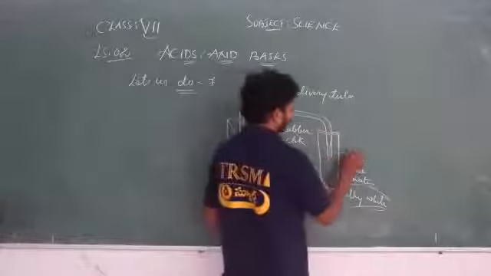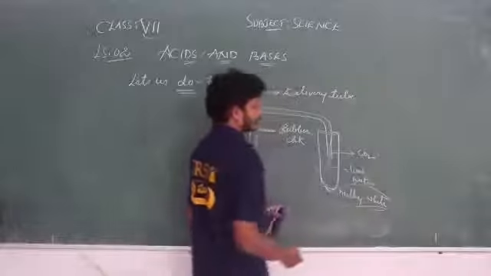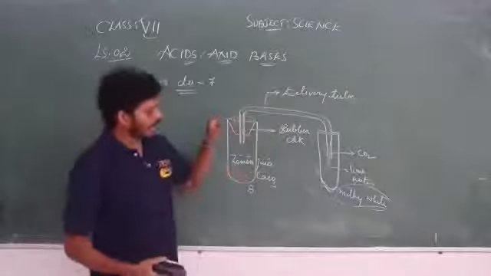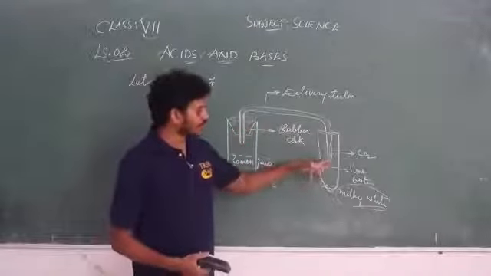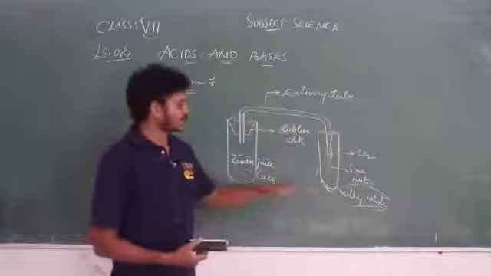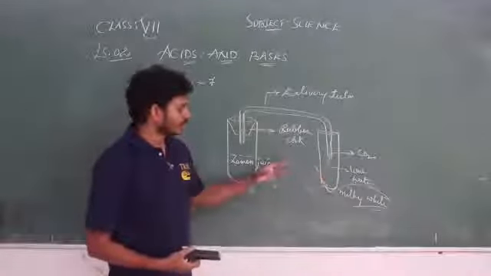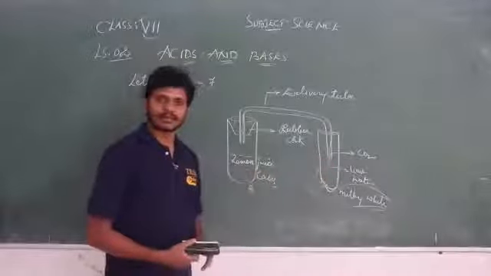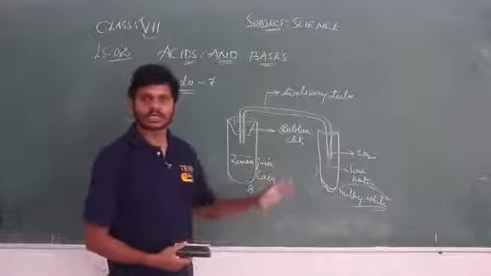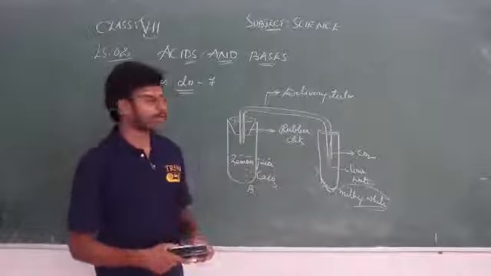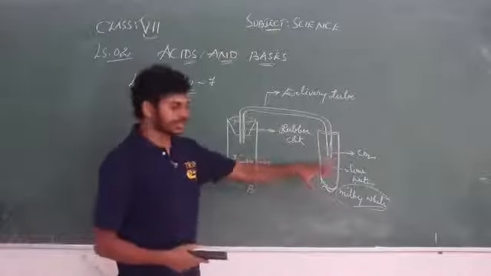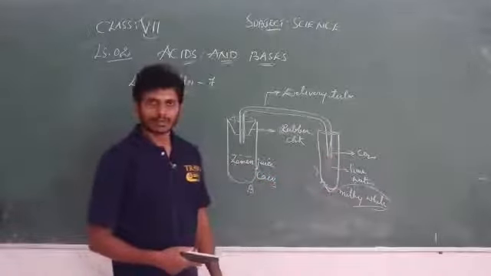Carbon dioxide is the gas which turns lime water milky. Whenever carbon dioxide passes through this lime solution, it turns white. By this we can confirm the gas which is released here is carbon dioxide.